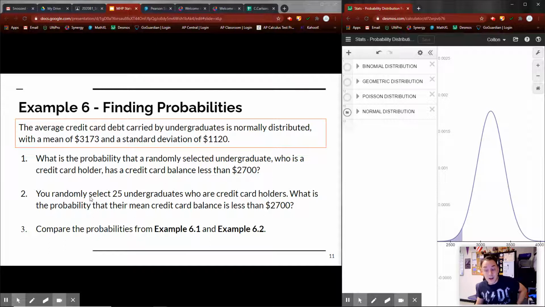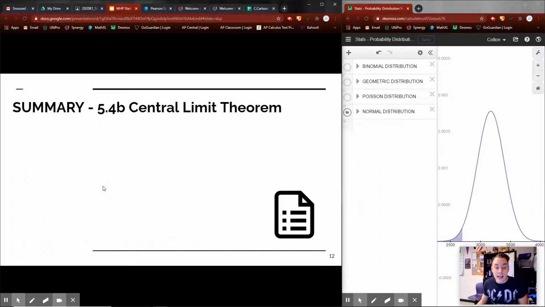So since it's less than 5%, that's an unusual event for an average undergrad to have a credit card balance of even less than $2,700.